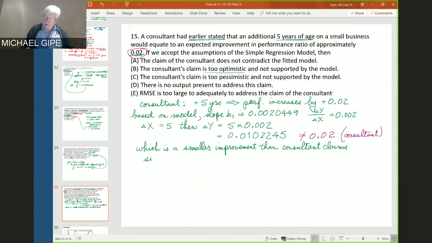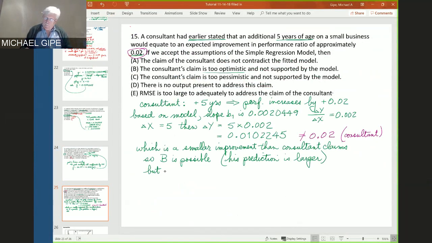It's a possible answer because it is smaller. That is better performance. But is that slope significantly different than what he predicts?